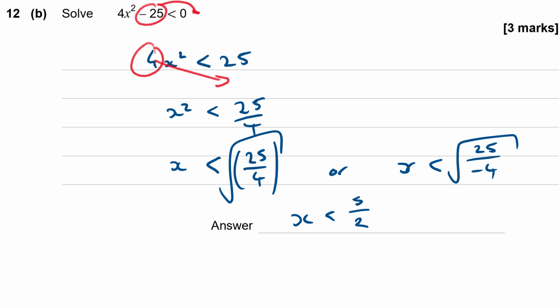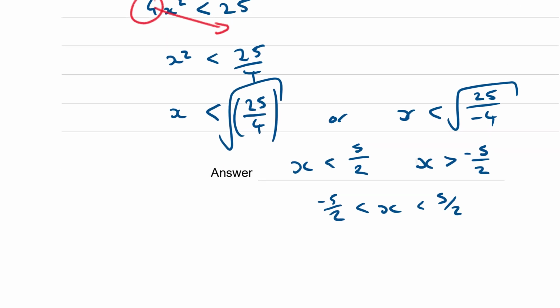So we could end up with another solution, which is x is greater than minus 5 over 2. So x is less than 5 over 2 and x is greater than minus 5 over 2, which we can combine into one result. We can say that x is less than 5 over 2 and greater than minus 5 over 2. So it lies somewhere in that range. So quite a tricky one, that.